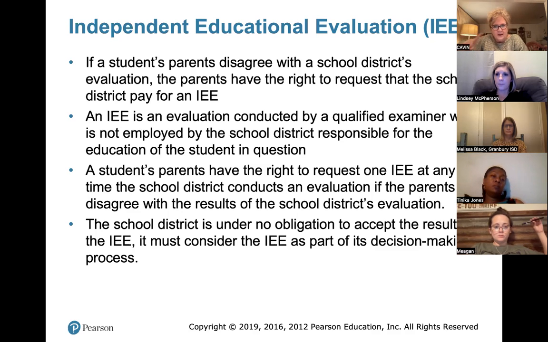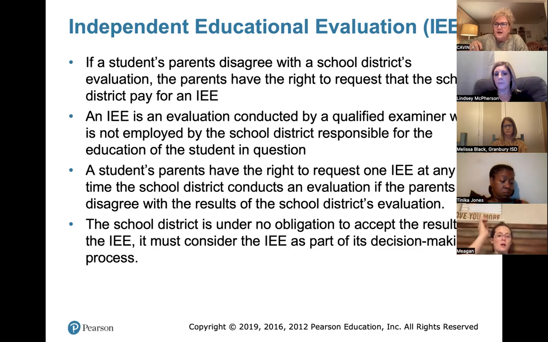There's only one IEE per evaluation. So if it's a 3-year reevaluation and the student got a cognitive and an achievement test, and the parent said, I disagree, well, then they could have a cognitive and an achievement as part of the IEE. Let's say that they said, well, I don't agree with that.